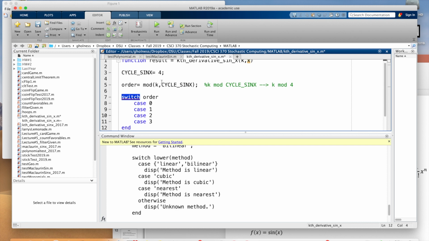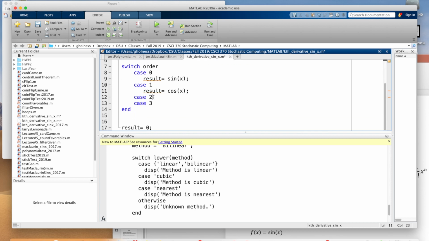End. So we end the switch, and then for each case, I'm going to say result equals sine of x. So we execute sine if it's 0th order. Result equals cosine x if it's first order. If it's second order, that was minus sine x.